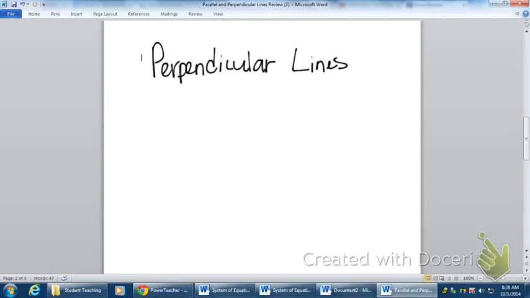So if we had a slope of 4, a slope that would be perpendicular to that would be negative. First of all, if it's a positive number, it changes to a negative. First thing you do is change the sign. If it was a negative number, you would change it to a positive.